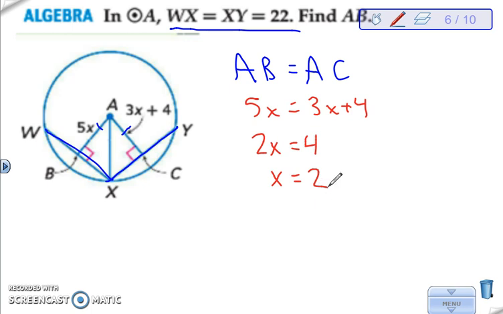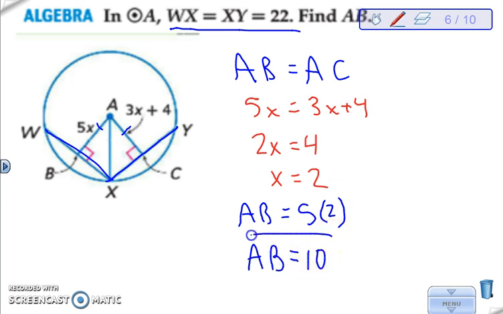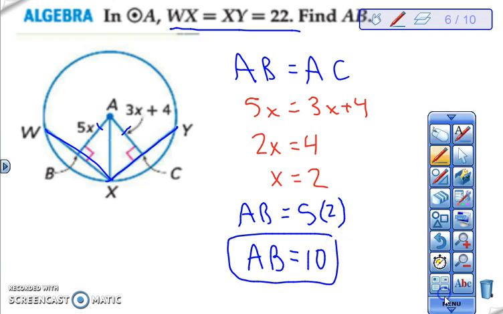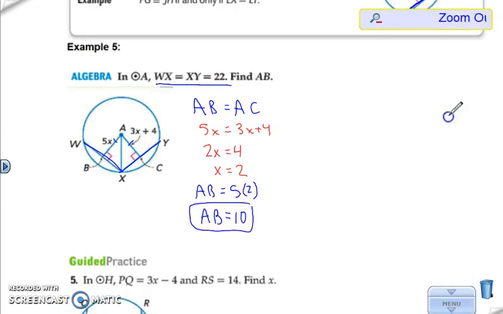And then again, we go back to the question. It wanted us to find the length from A to B. So AB is 5x, x is 2. So AB is 10.